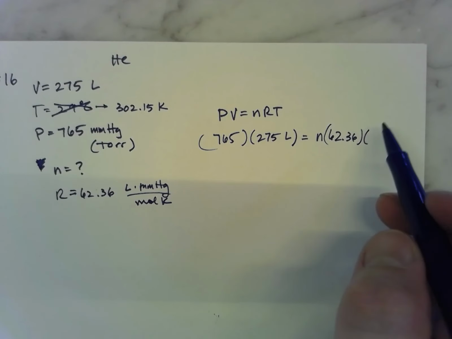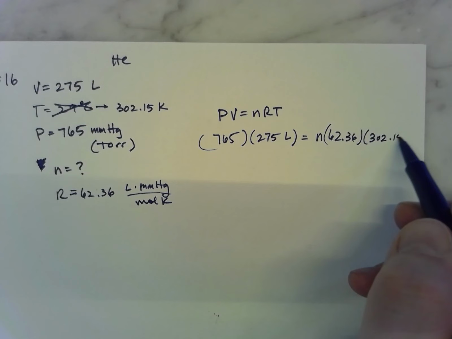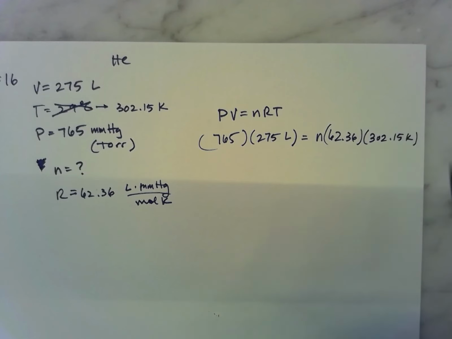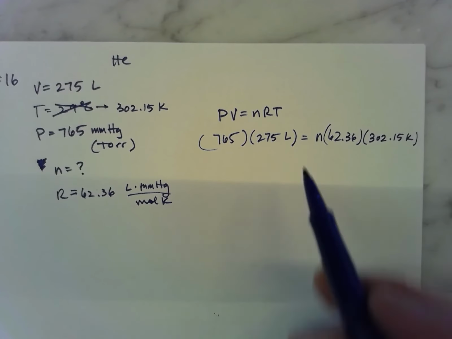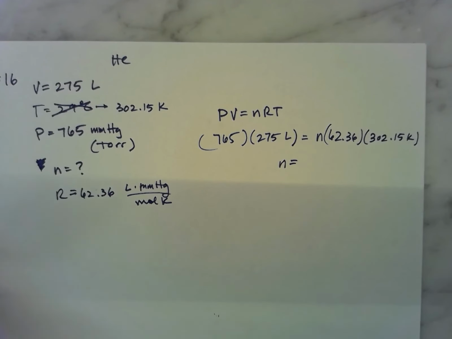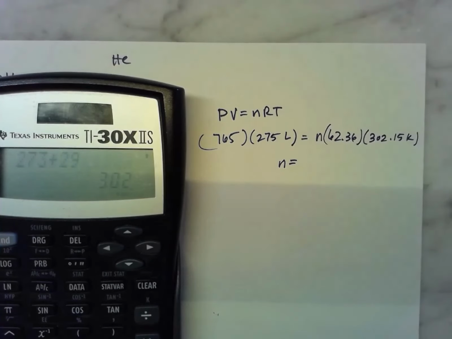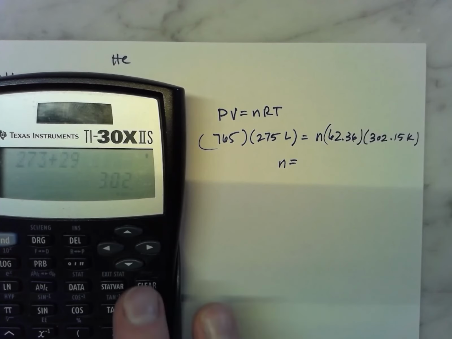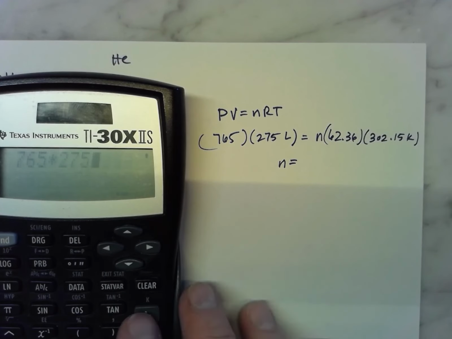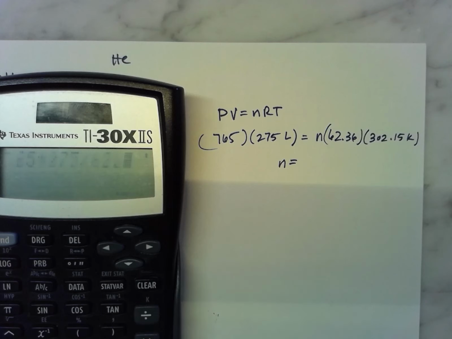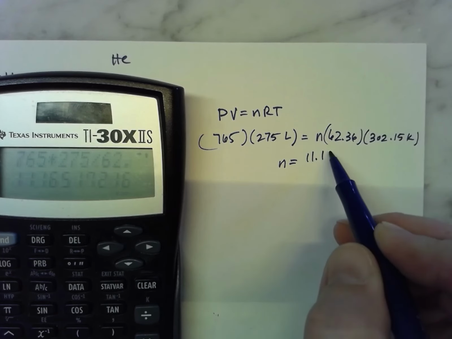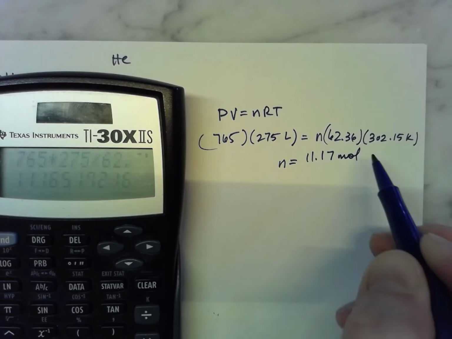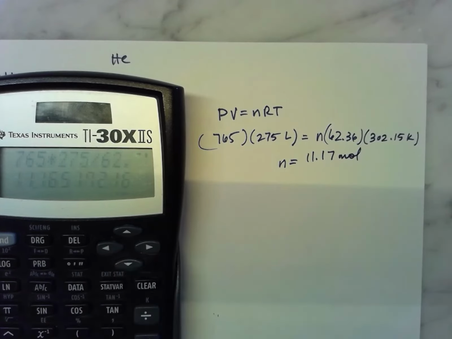And temperature is 302.15 K. Do our multiplication and solve for n. And what do we have? We got 765 times 275 divided by 62.36 divided by 302.15. All right, so we've got 11.17 moles.